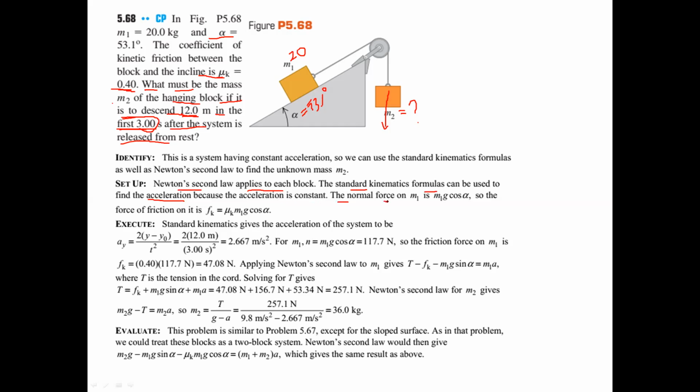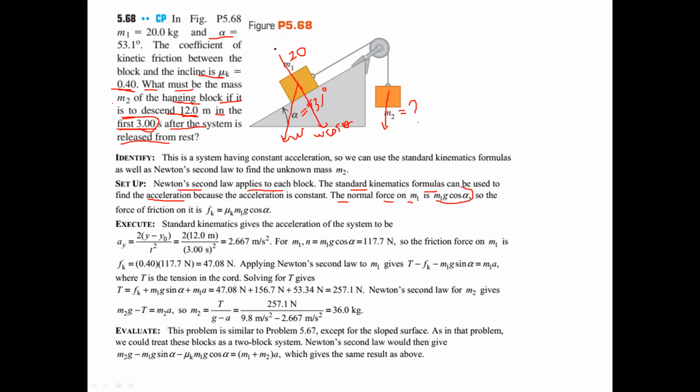And the normal force on m1, from the free body diagram: this will be the weight, this will be the weight times cosine theta, right?